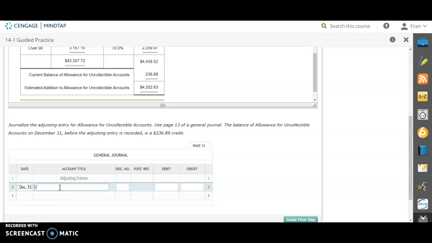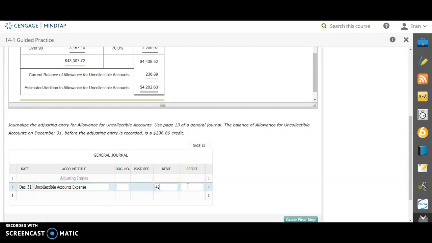The first one is uncollectible accounts expense. Okay, we're going to write this off as an expense right now. And as you remember, with adjusting entries, we don't have a document number because it's just part of the end of the month procedures.